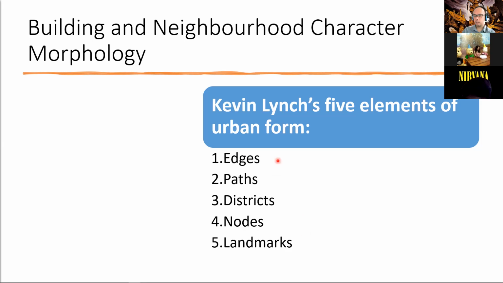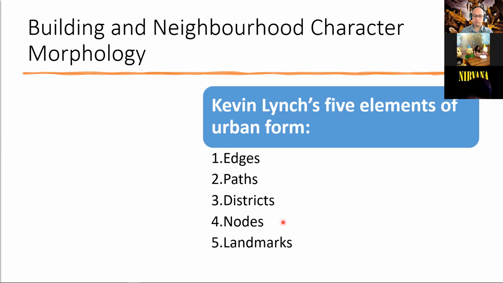Edges could be anything which is basically a linear form, like shorelines, streets, or major changes in land use, or the border of one land use to another. Paths are streets, major walkways, or perhaps even bike paths. Districts are neighborhoods and major institutions.